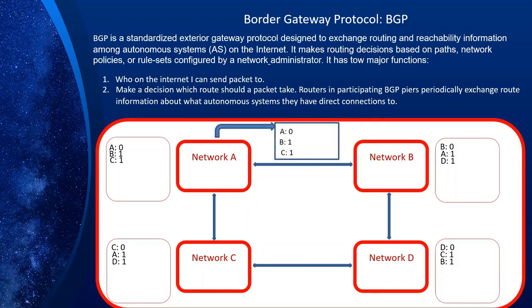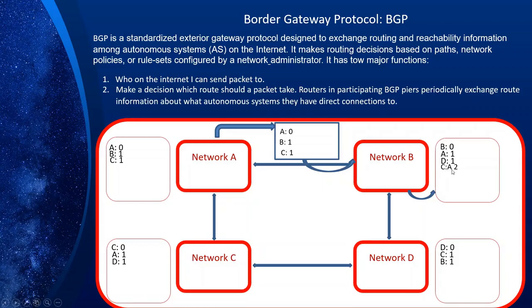For instance, network A can share information with network B and tell B, these are the routes that I know about. When it does that, network B takes a look at it and says, hey, interesting. Of course I know about myself, and I already connected with you, so I know about you, but I did not know how to get to C. Now I know, so it updates its routing table.